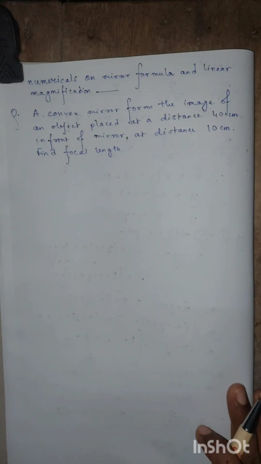So this is our question where we have a convex mirror which forms the image of an object placed at a distance 40 centimeter in front of the mirror.